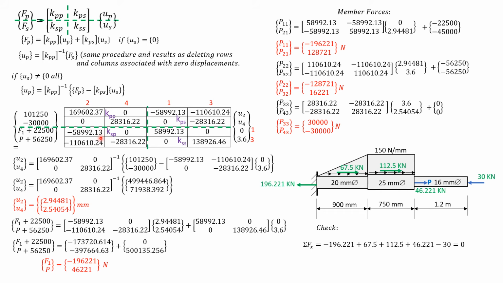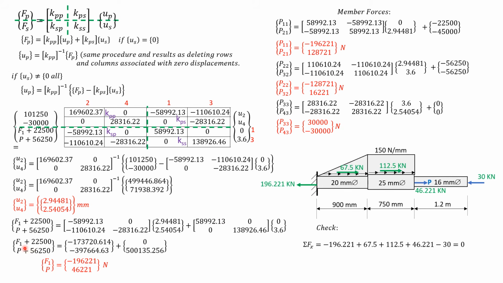So negative 58,992.13, then 0, this matrix here multiplied by U2, U4, plus this matrix here multiplied by 0, 3.6. So if we simplify this product, the result is this. And if you simplify this product here, this is the result.